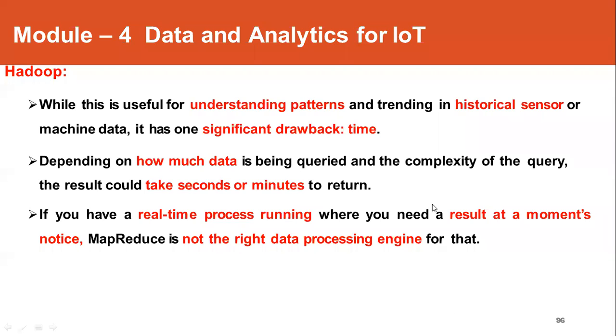The time depends on how much data is being queried and the complexity of the query, which determine how long the system takes to return the data. So if we have a real-time process where we need the result in a very short duration, then MapReduce will not be the right data processing engine for real-time streaming analytics.